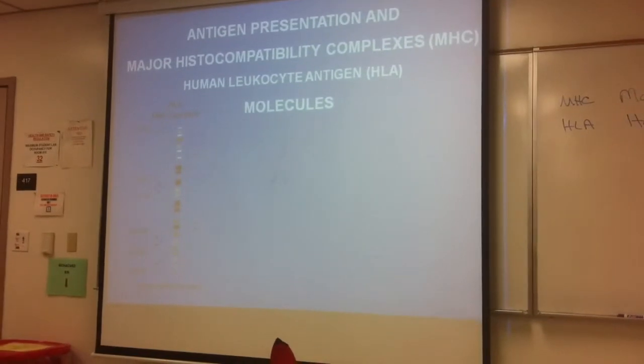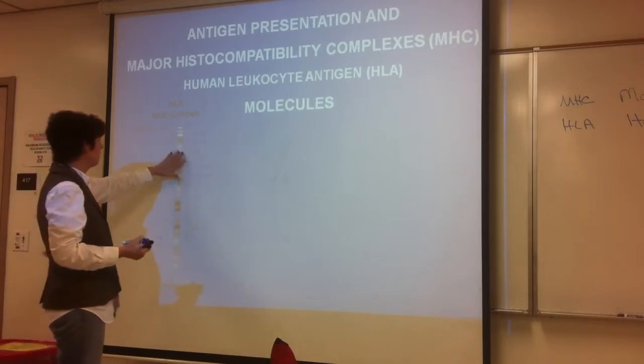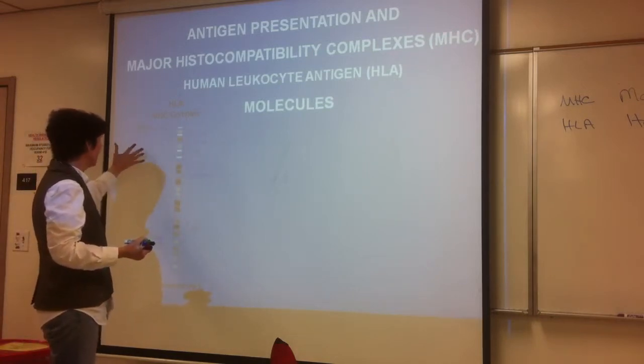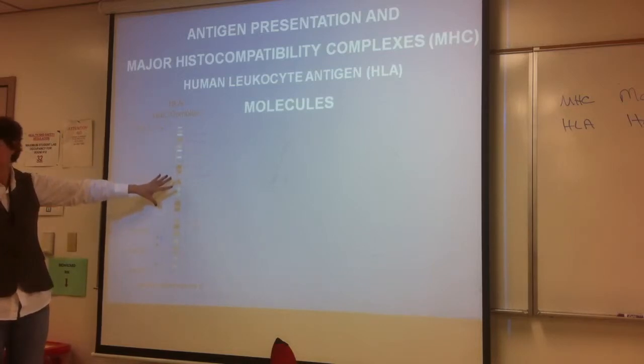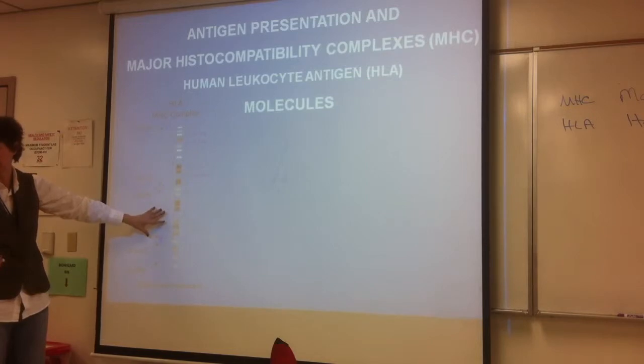When someone's having a transplant and they want to match the surface markers, they're talking about HLAs. There are actually a whole bunch of subsets, but there are two groups of those as well. There are genes on chromosome 6 that produce the MHC or HLA complexes or proteins.